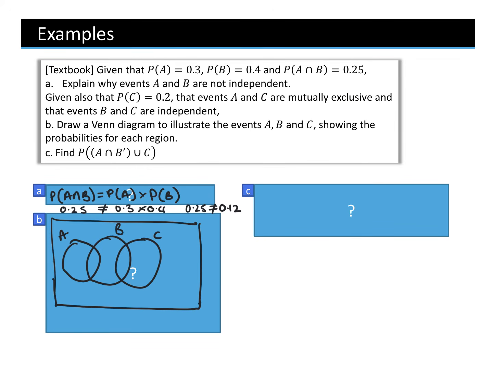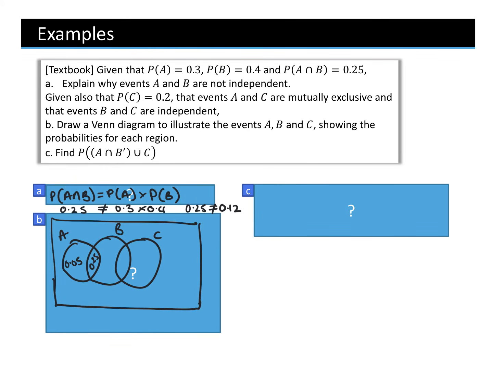So I'm going to work there, 0.25. It's then told us that the probability of A is 0.3. So the whole of A is 0.3. If I've already got 0.25 here, what's left over? 0.05.